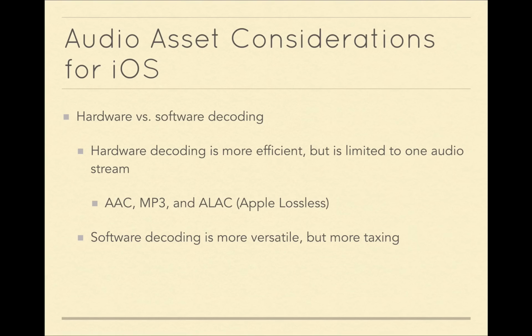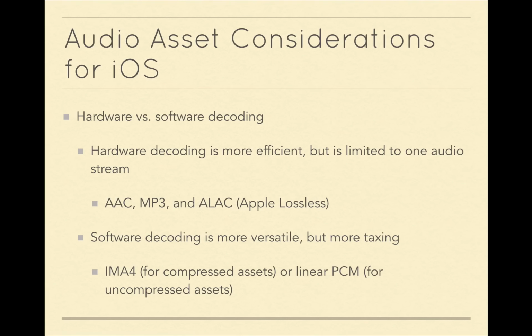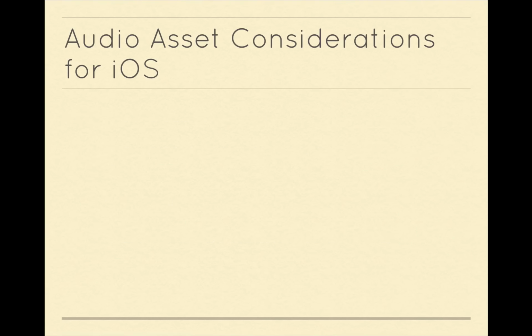But if you need to have more than one audio asset playing at a time, then you have to make them in a format that can be decoded by the software. And so, again, they recommend IMA4 for compressed assets to be software decoded, or PCM, again, for uncompressed assets wrapped in a CAF container.